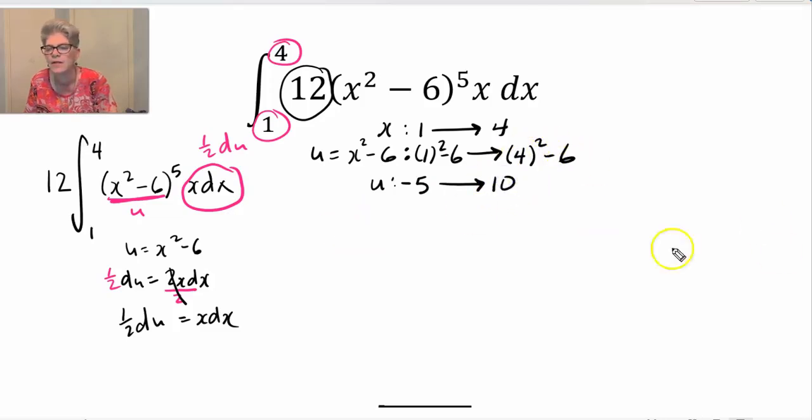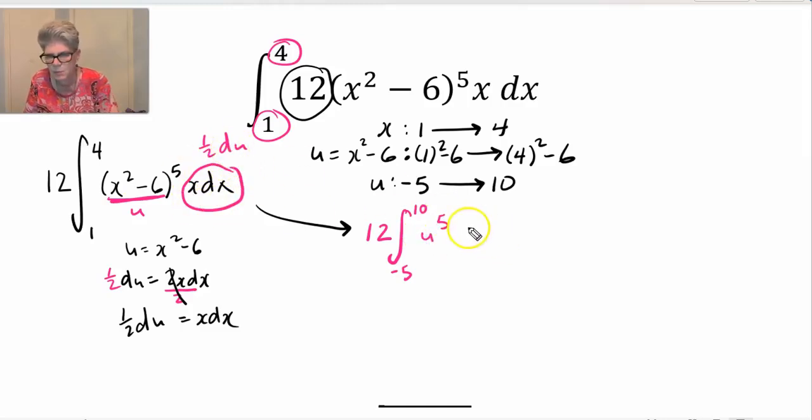All right, now I'm ready to write this thing with respect to u. And I'm going to do it in red. So the 12 out the front is coming along for the ride. And now instead of x going from 1 to 4, u is going to be going from negative 5 to 10. And then I'm going to have u to the 5th.